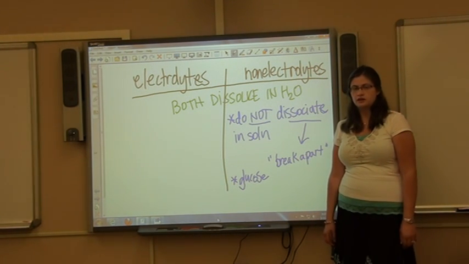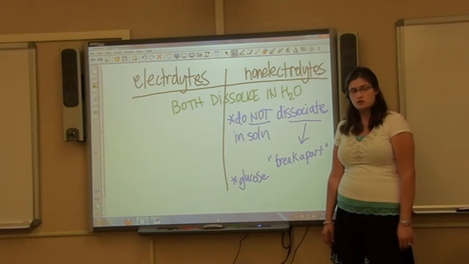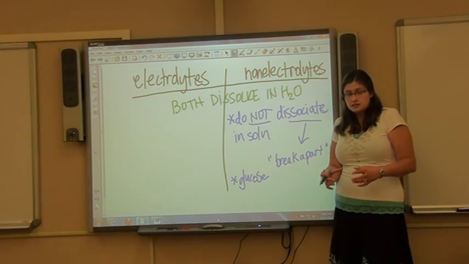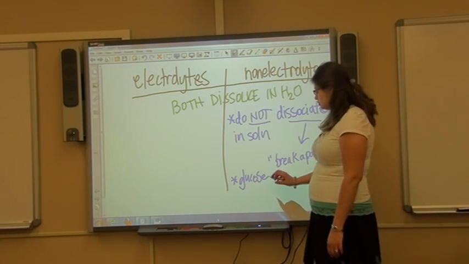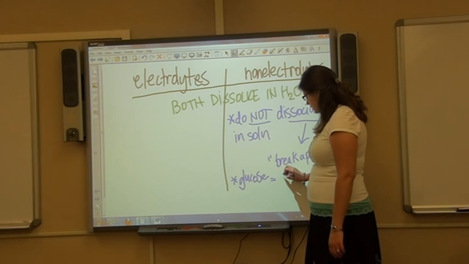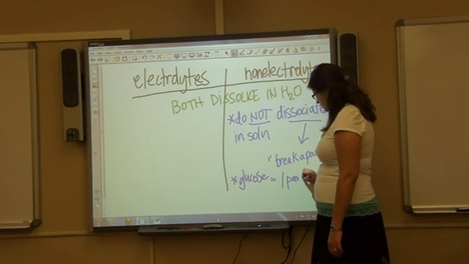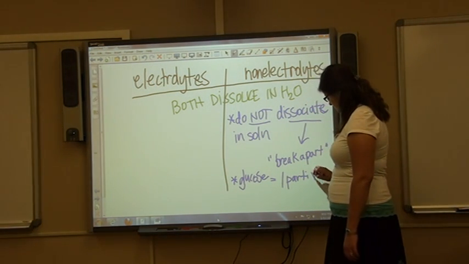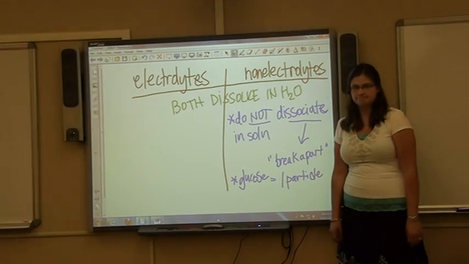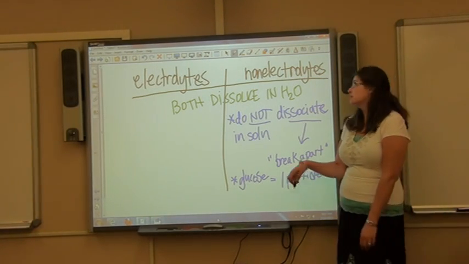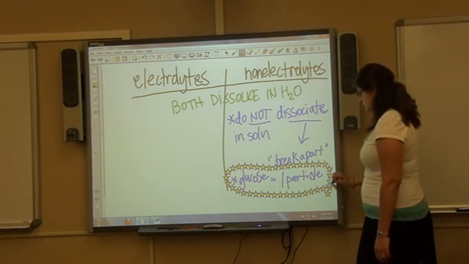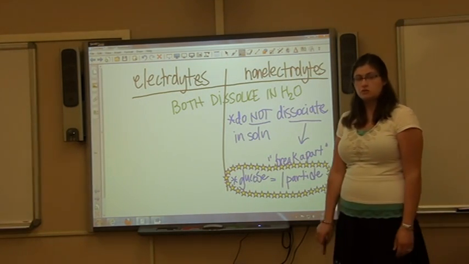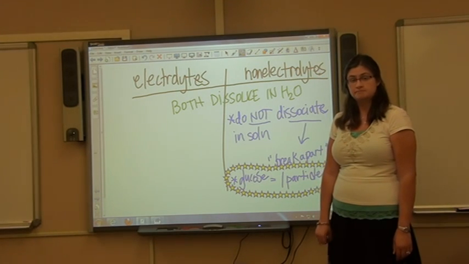Glucose is a non-electrolyte. Yes, sugar does dissolve in water, but no, it doesn't break apart at all. It stays as its C6H12O6 molecule. Therefore, when glucose is in water, it has one particle. This is something to make note of, because that's all I really want you to know about non-electrolytes.